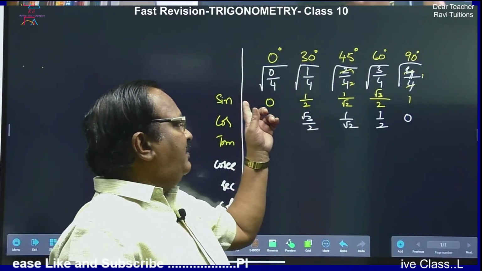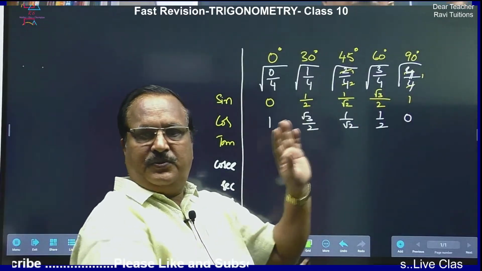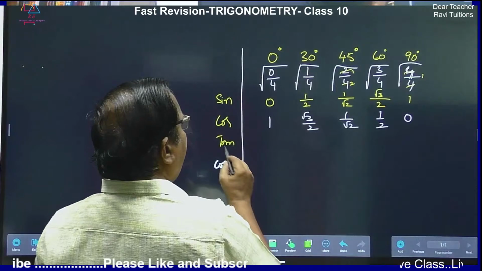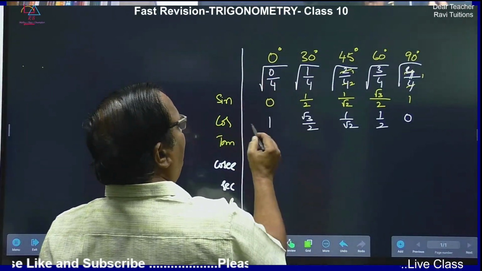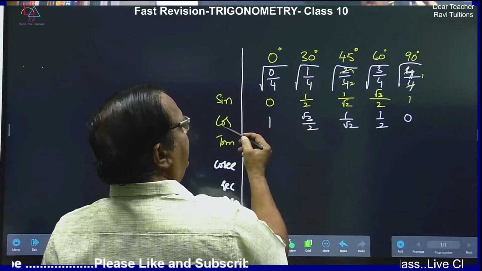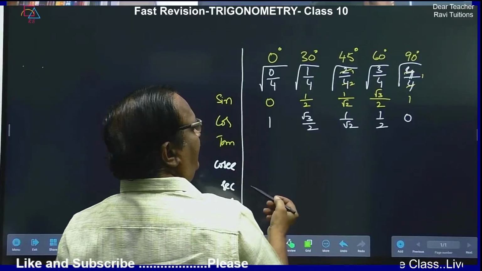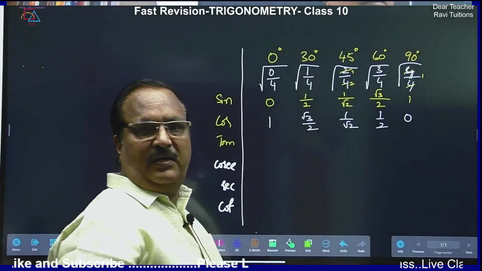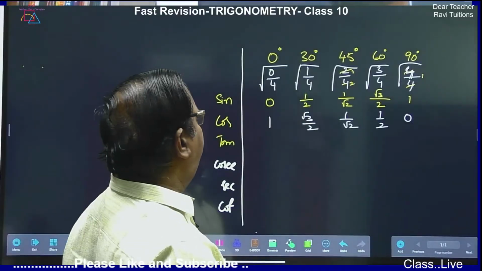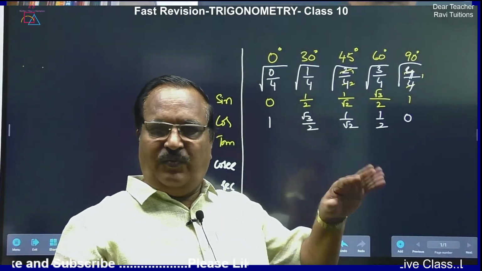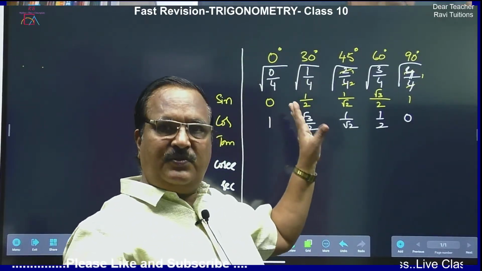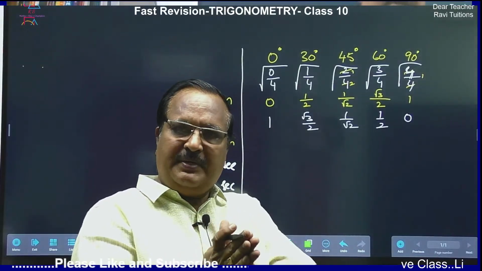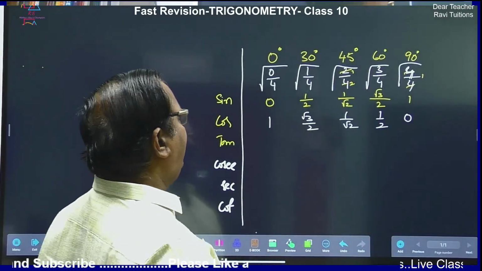That means whatever sine values you get, you write in the reverse order so that you get cos. So cos 0 is 1, cos 30 degrees is root 3 by 2, cos 45 is 1 by root 2, cos 60 is 1 by 2, cos 90 is 0. We didn't find anything for cos; we just had to put the sine values in reverse, because they are complementary angles, so it comes automatically.